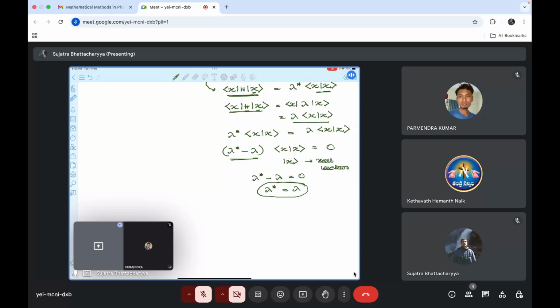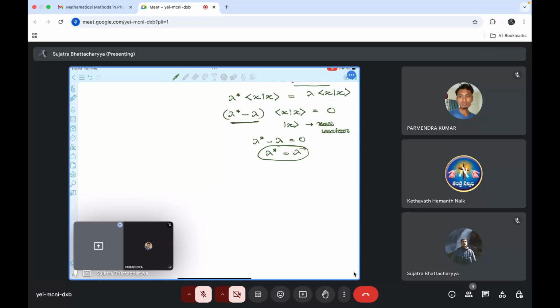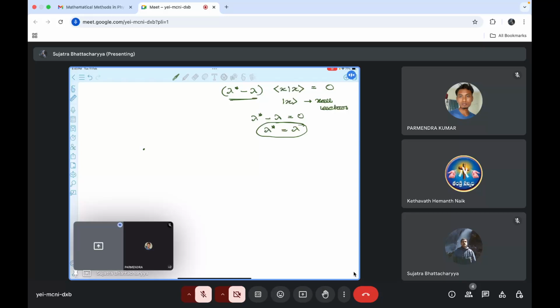What else is there? You will find this in the week's content; I am just elaborating the steps. Next, the eigenvectors of a Hermitian matrix are always orthogonal, corresponding to distinct eigenvalues.